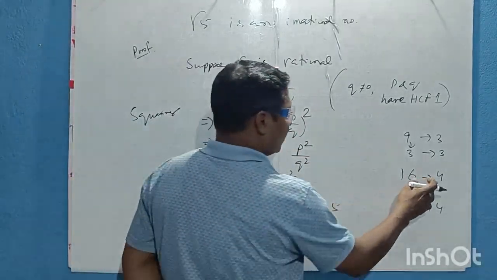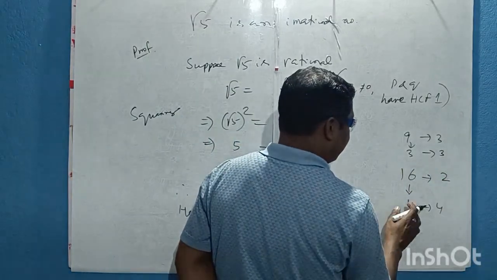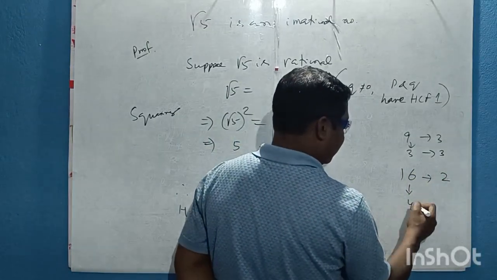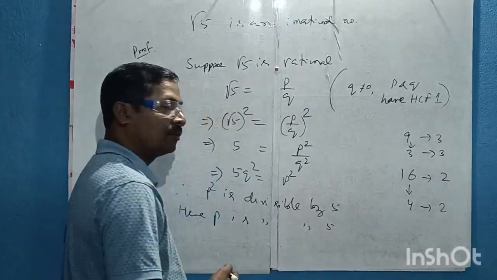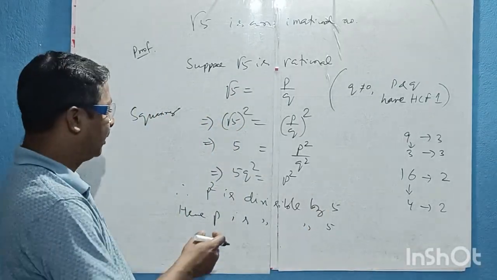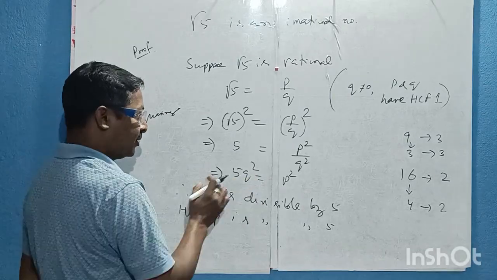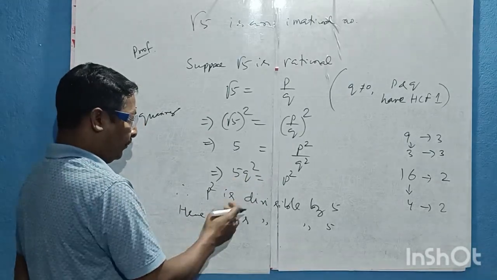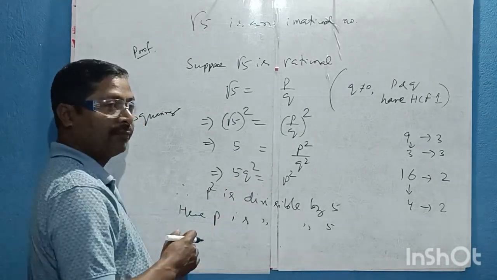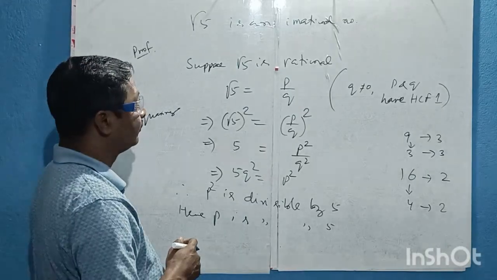If 16 is divisible by 2, then the square root of 16, 4, will be divisible by 2. In this way, from this line, p square is divisible by 5, I can write p is divisible by 5. Okay.